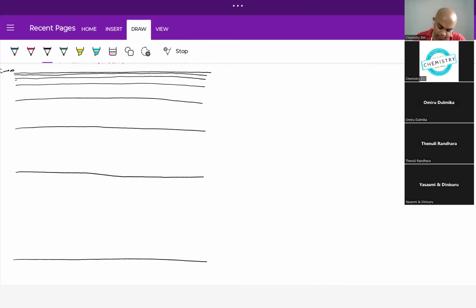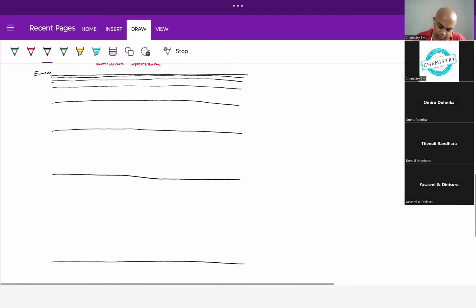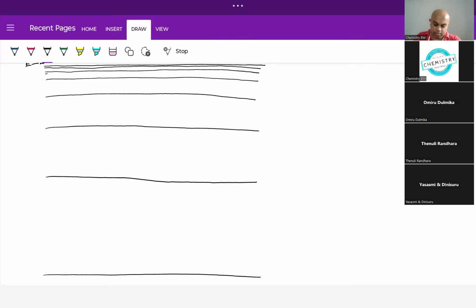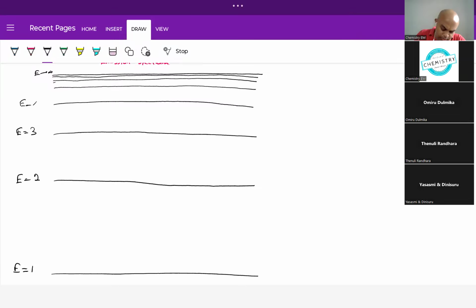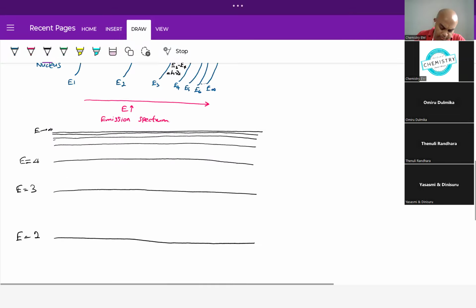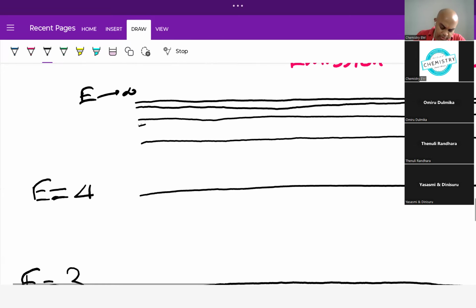Now let's say this is E equals 1, this is E equals 2, E equals 3, E equals 4, E equals 5, E equals 6, likewise.